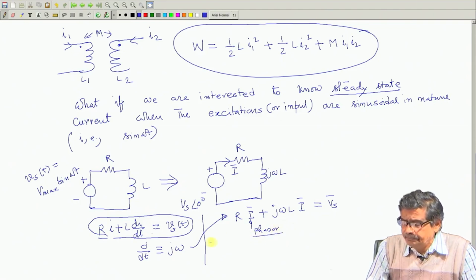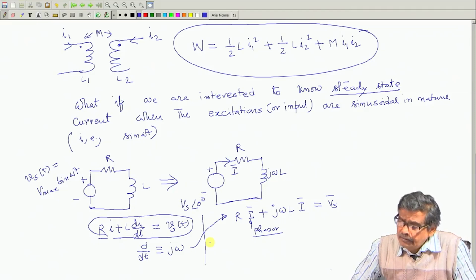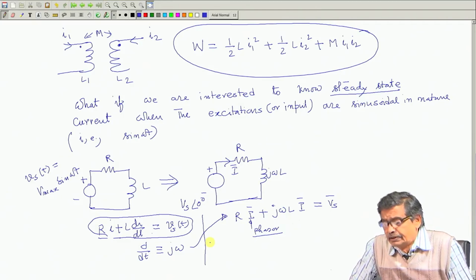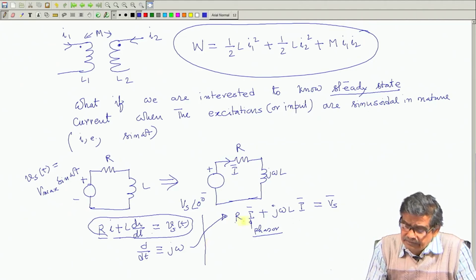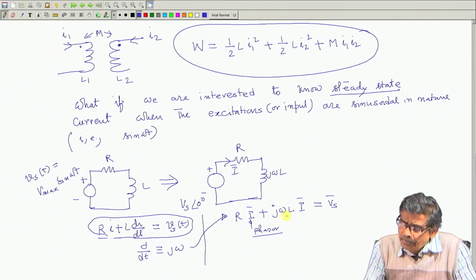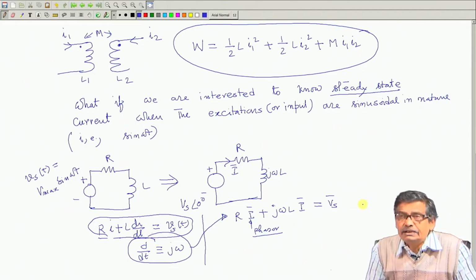So any differential equation can be translated into the corresponding algebraic equation very easily when the sources are sinusoidal. Wherever d dt is there, put j omega.